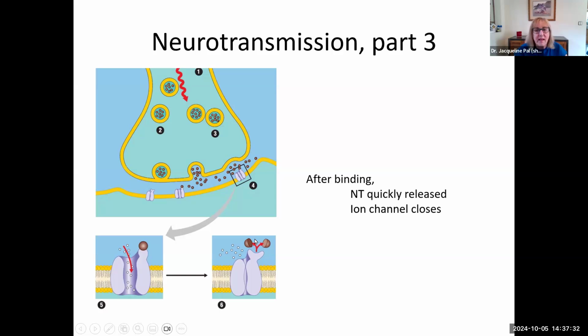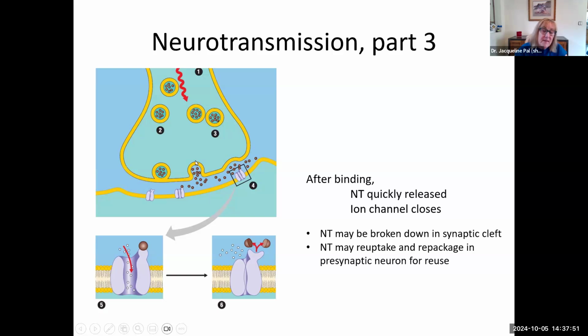Now, what happens to that neurotransmitter? Well, one of three things. If there is an enzyme sitting in that synapse, then the neurotransmitter is broken down right then and there. It cannot be reused. Some neurotransmitters are taken back up into the presynaptic cell through endocytosis, and they can be repackaged into vesicles, which can be reused if there's a nerve impulse that comes down.